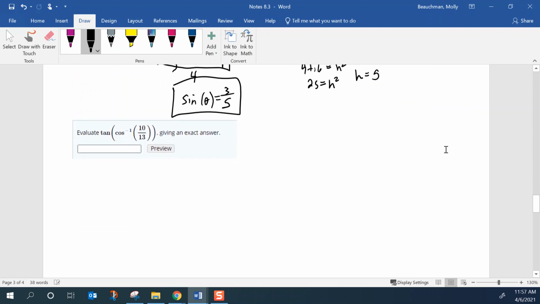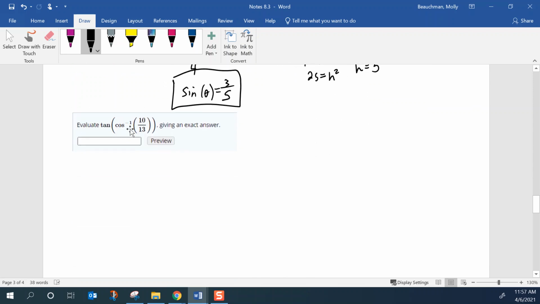So last example, evaluate the tangent of the inverse cosine of 10 over 13. So this tells us that we have an angle whose cosine is equal to 10 over 13. Cosine, remember, is adjacent over hypotenuse. So draw your triangle, label your angle, and then the adjacent side would be 10, hypotenuse is 13. So we want to find this side length. We'll call it x.